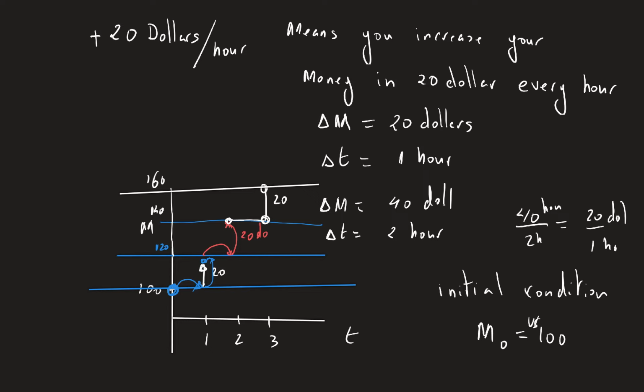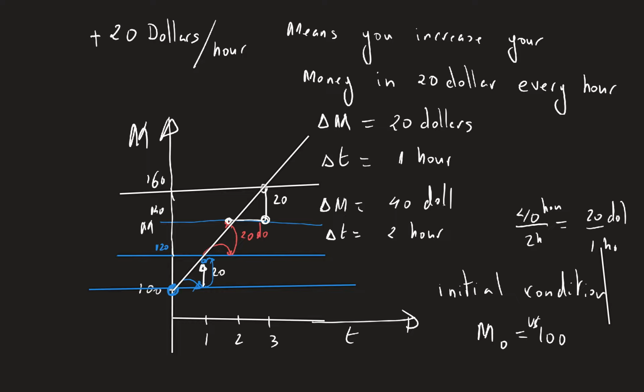So what is the graph of money? Here is the amount of money that you have. Here is the amount of time that has happened. The graph is a rectilinear line. Well, what is the equation?